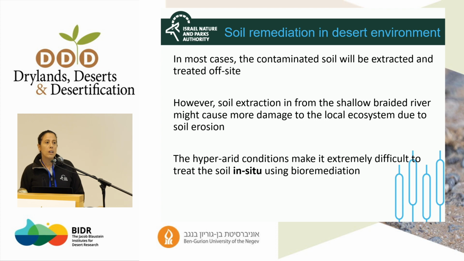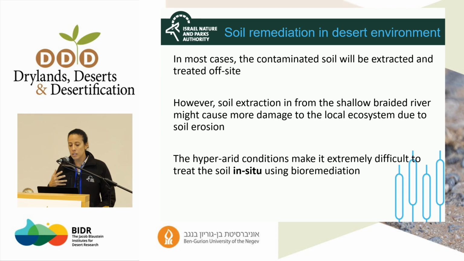So in most cases where you get an oil spill or soil contamination, you basically just want to excavate all the soil out, take it off-site, and treat it there.